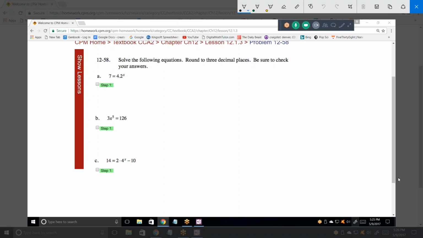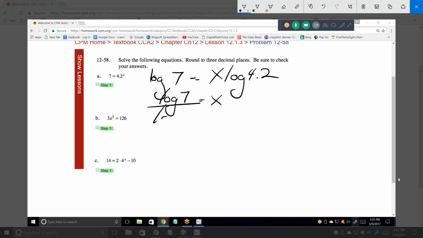1.356. Well, tell me how you did this problem. I took the log of both sides. Common, natural? Common. So you got the log of 7 equals the log of 4.2, and then you can put the x there. So x is equal to the log of 7 divided by the log of 4.2.